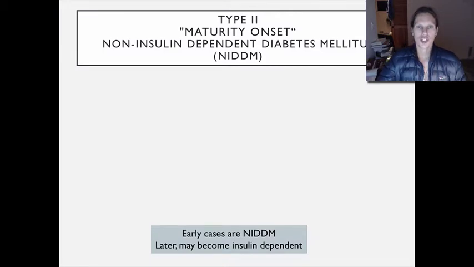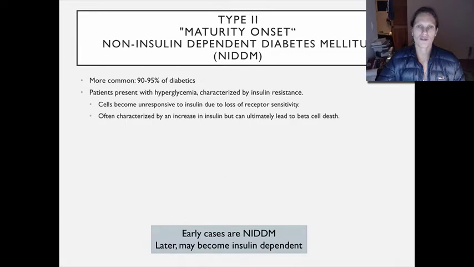Type 2, or maturity onset, more appropriately referred to as non-insulin dependent diabetes mellitus. Way more common, about 90 to 95% of the patients with diabetes have this kind. They're going to present with hyperglycemia, characterized by what we call insulin resistance.